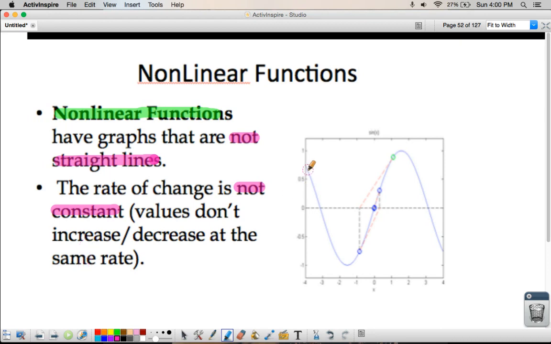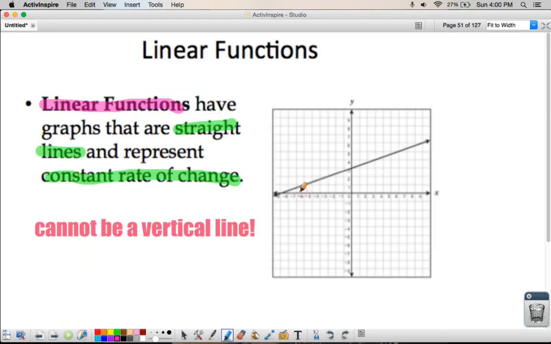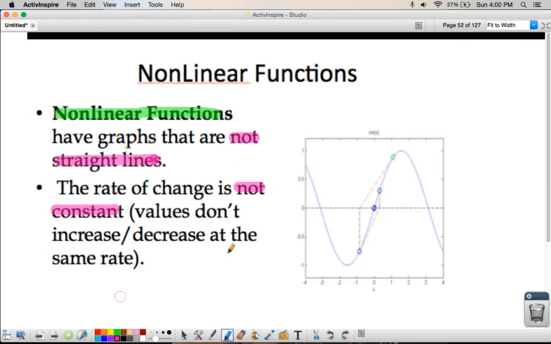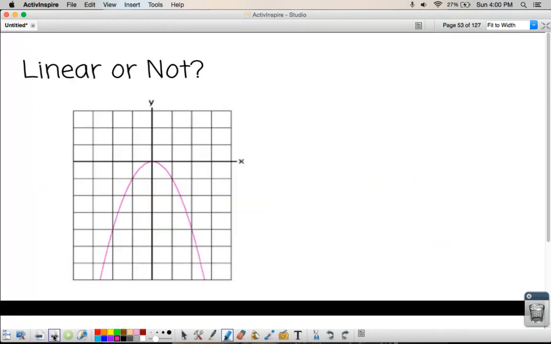As you notice here, on the last slide, this was a straight line, so that was a linear function. This one has a curve at the bottom and a curve at the top and goes in different directions, so this is nonlinear. This one curves, does not make a straight line, so it is not linear.